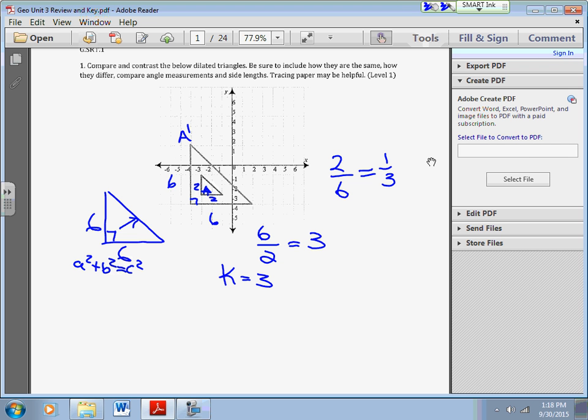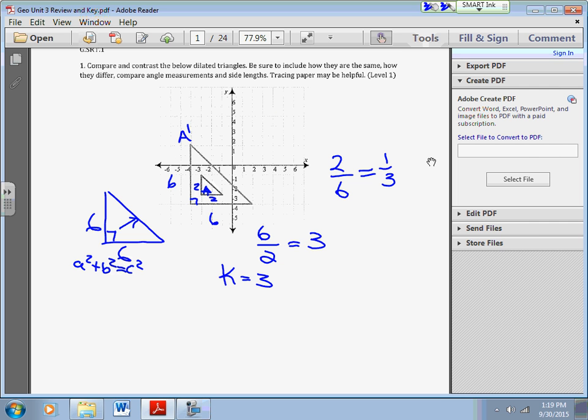Yes? Okay, good. When it says compare and contrast, you guys would be able to tell me if it was an enlargement or a reduction. You'd have to be able to tell me the scale factor as well. Are the triangles similar? You guys remember how to state if the triangles are similar? In this case, it'd be side angle side.